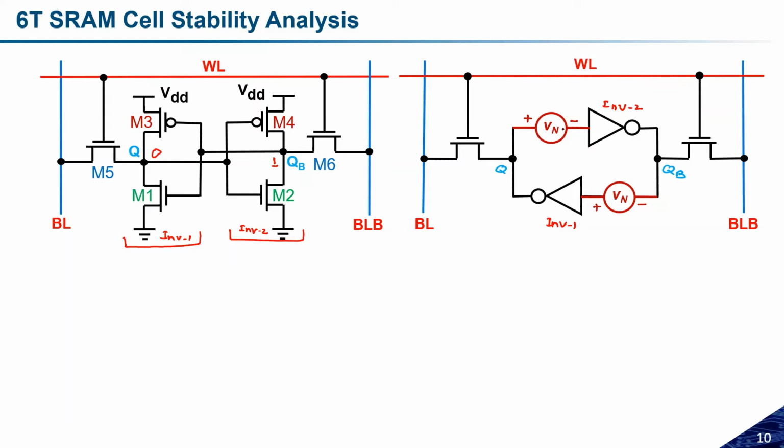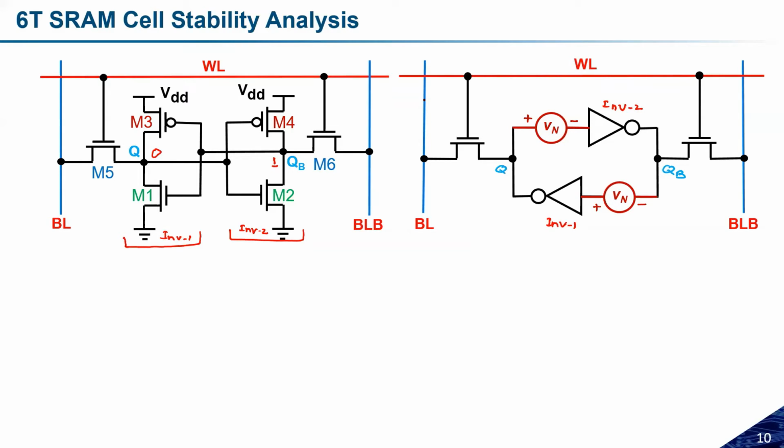But while reading and writing, if we are reading the data, we are precharging the bit line capacitors, and then we are reading the information based on whatever voltage we have. Similarly, while writing the data, we need to write something. So read and write, these two are the active operations.